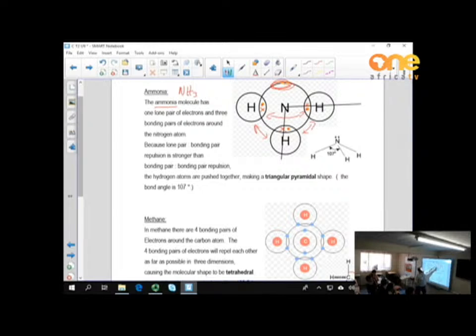We've only got single pair, bonding pair repulsion, and bonding pair. That is why we find that the bond angle in the ammonia molecule, that angle, is slightly bigger than in water, because the forces pushing those hydrogens down to one side are slightly weaker. So the angle over here is 107 degrees. Same over there as well, 107 degrees.